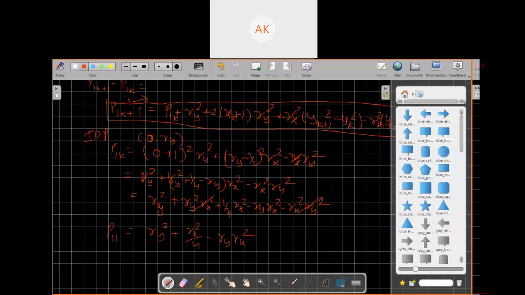This is your initial decision parameter, and the previous one is your next decision parameter for region 1.